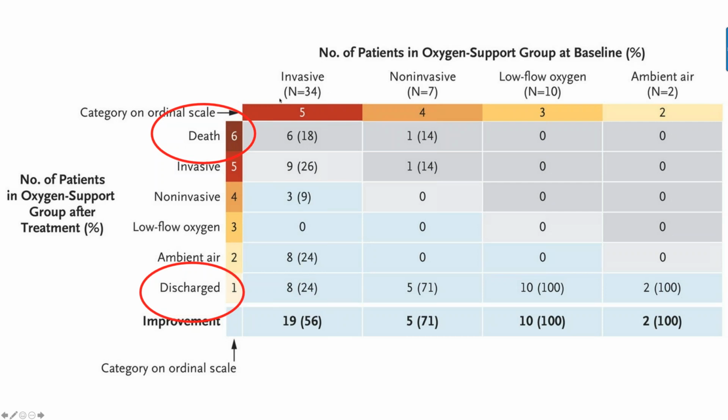This is the one in the ICU we're more used to seeing, and you can see that those who were receiving invasive ventilation are where most of the deaths occurred. The mortality rate of 18% is generally a little bit lower than what we would see from most of the other cohort studies, where it would be 25 to 30%. Again, this is a select group of patients who received this medication.